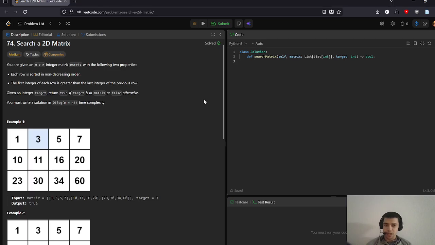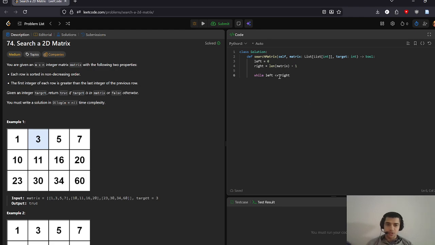I'm going to start off by writing a normal binary search algorithm. So as usual, we're going to have left equal to 0 and right equal to the len of the matrix minus 1. I'm going to consider the matrix right now as if it was a list, but I'm going to change it later on. Then while left is less than or equal to right.